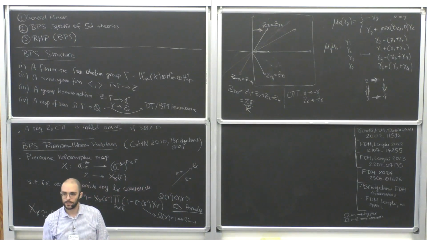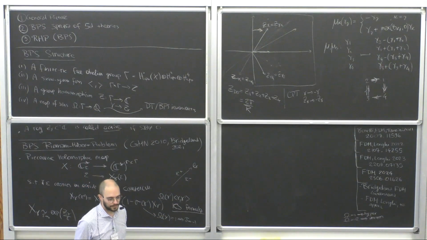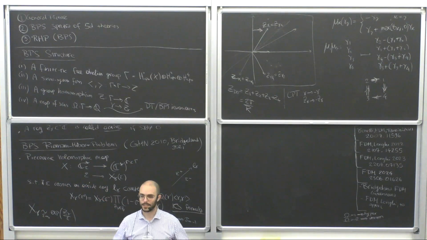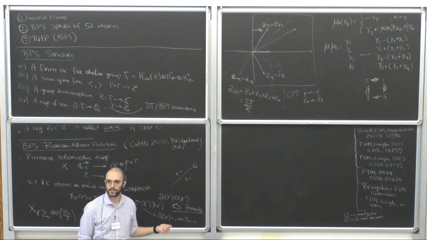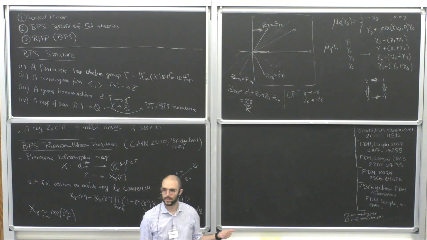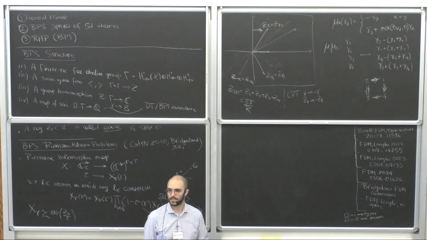This omega measures the dimension, counted with signs, of your BPS Hilbert space. So this minus 2 comes from the 2 helicities of the gauge field, and the 1 comes because it's just a scalar.